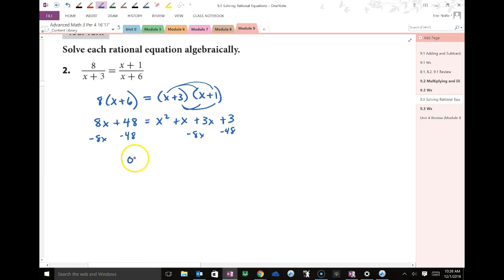Okay, so this will give me 0 is equal to x squared. Okay, well, how many x's am I going to have? So I have x plus 3x is 4x. 4x minus 8x is negative 4x. Good. And then my constant, 3 minus 48, negative 45. Okay, so now I need a method to solve this quadratic. What do you want to go with?